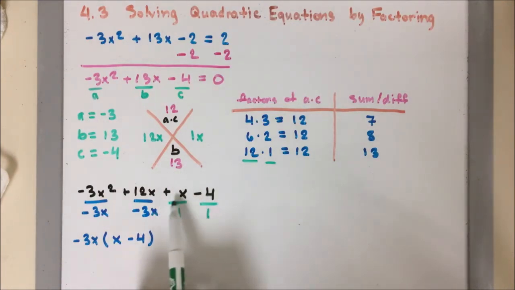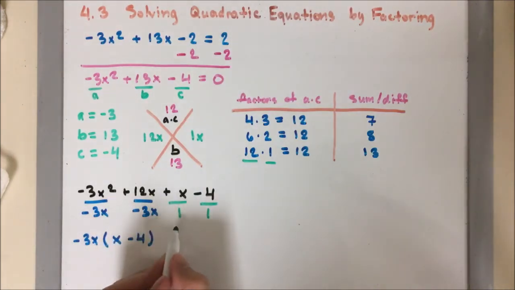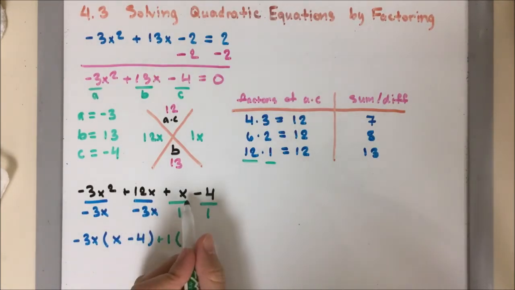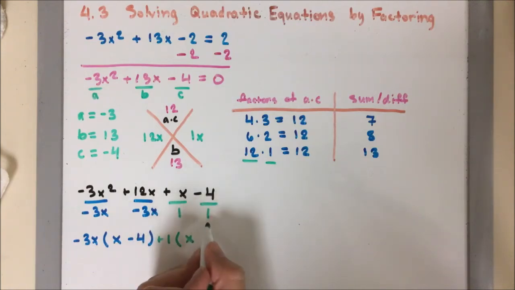Had the first term on the right side been negative x, then I must include a negative in my GCF. But in this case, it's just positive. So I'm going to write my GCF plus 1 outside the parenthesis. x divided by 1 is simply x. Negative 4 divided by 1 is negative 4.